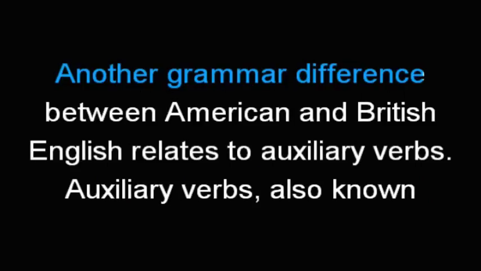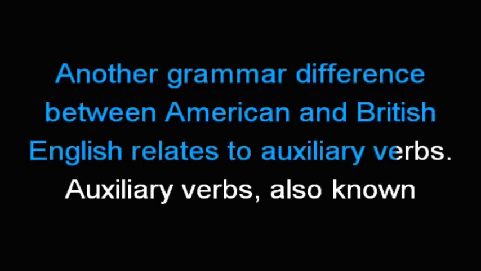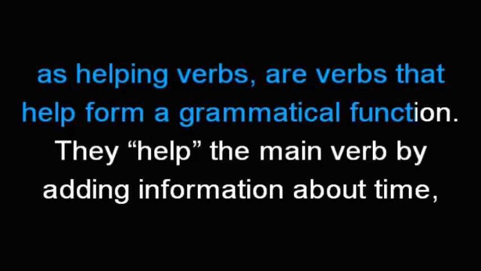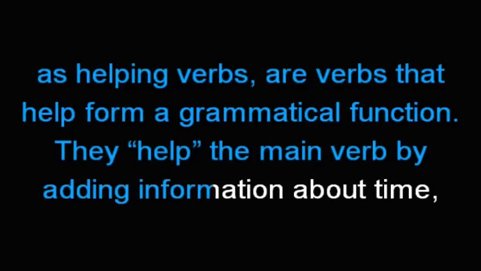Another grammar difference between American and British English relates to auxiliary verbs. Auxiliary verbs, also known as helping verbs, are verbs that help form a grammatical function. They help the main verb by adding information about time, modality, and voice. Let's look at the auxiliary verb shall.